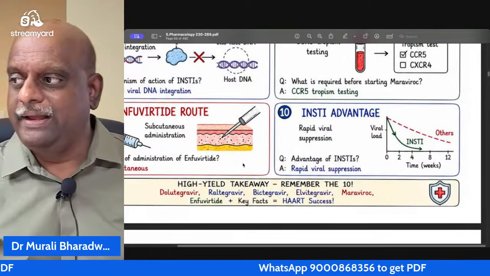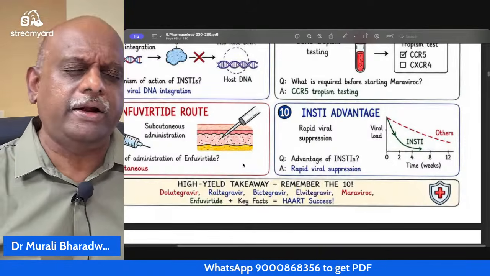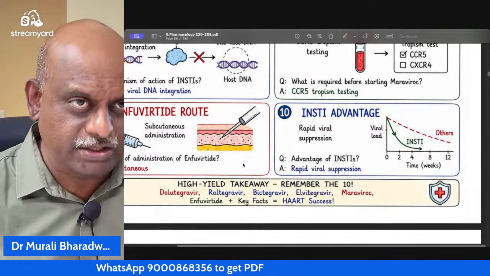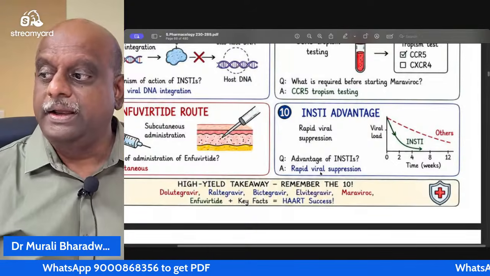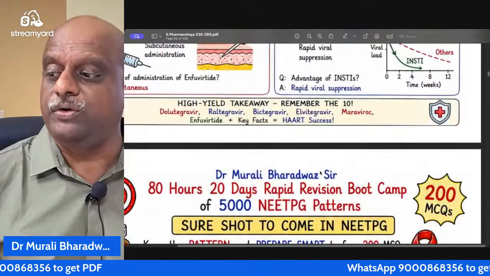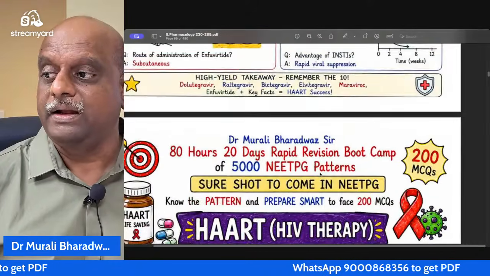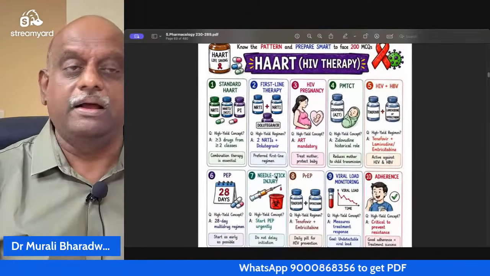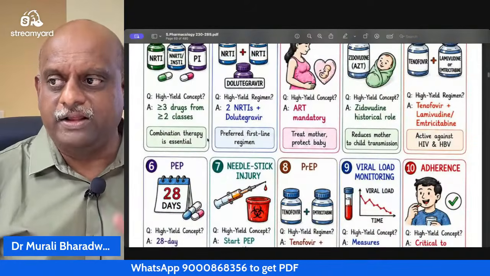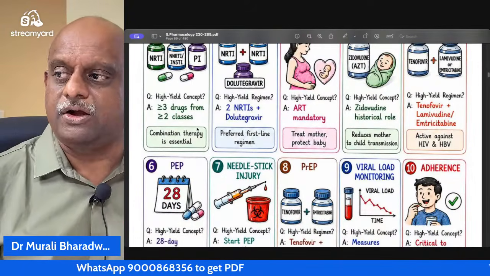And why is an integrase inhibitor introduced among the initial HIV regime? Because of very rapid viral suppression, is what we need to remember. Right? So what is the standard highly active antiretroviral therapy, doctor? Three or more drugs from two or more classes is the combination therapy.